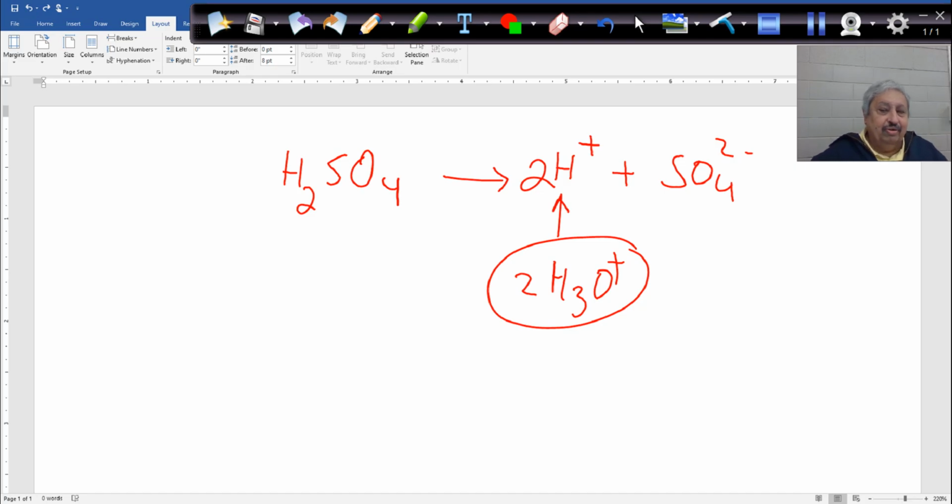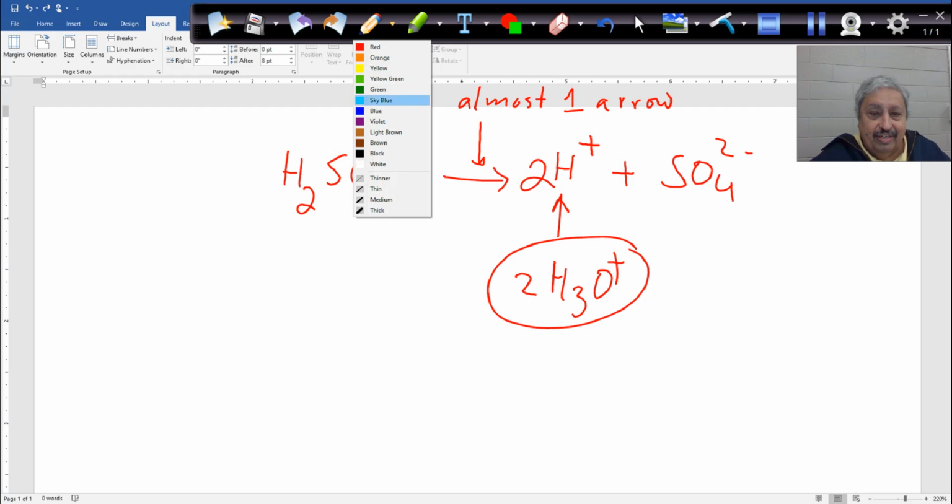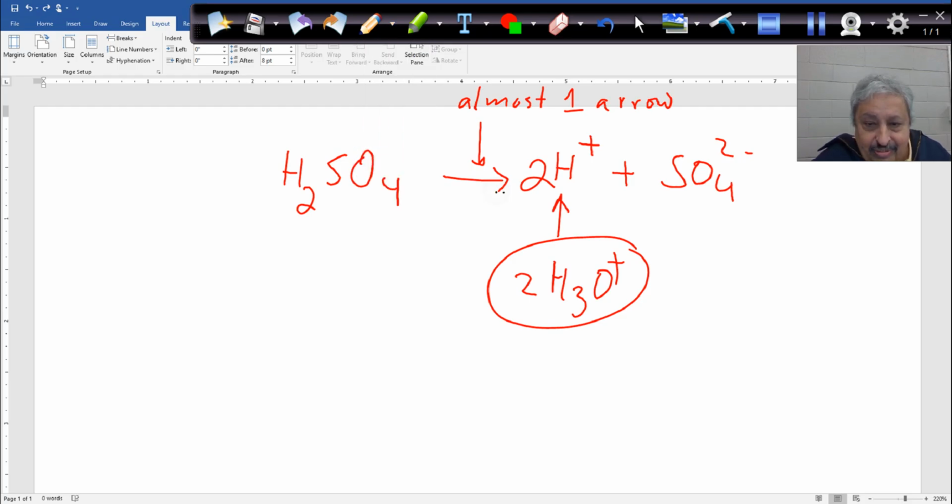So now this is one arrow, almost one arrow. Now the reverse reaction is very, very tiny, so you can write it just very, very tiny. Let me just write it again.